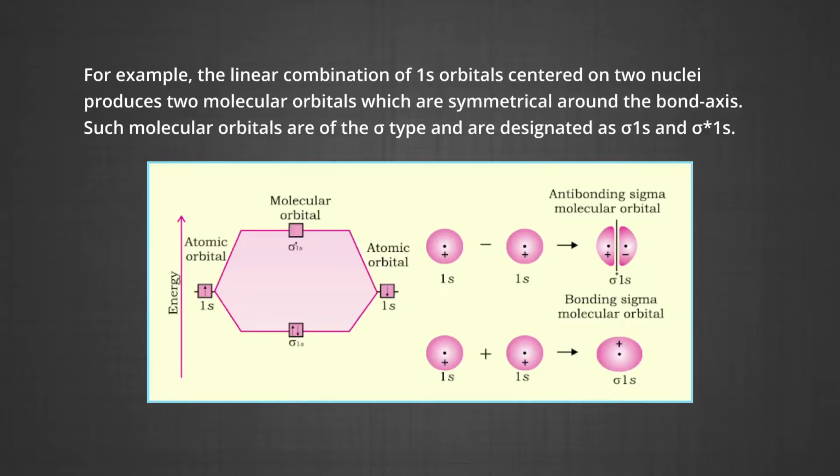For example, the linear combination of 1s orbitals centered on two nuclei produces two molecular orbitals which are symmetrical around the bond axis. Such molecular orbitals are of the sigma type and are designated as sigma 1s and sigma antibonding 1s.